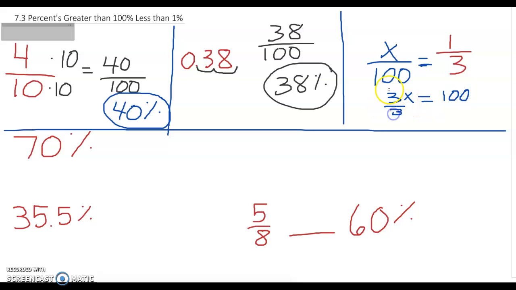So x will equal 100 divided by 3. We're going to get 33.3, and we're going to have a continuing number. It keeps going and going and going. So that's how we solve that using proportions. This is our answer.